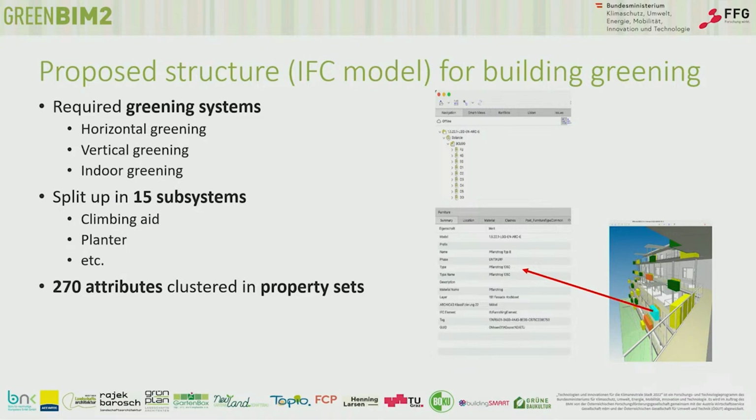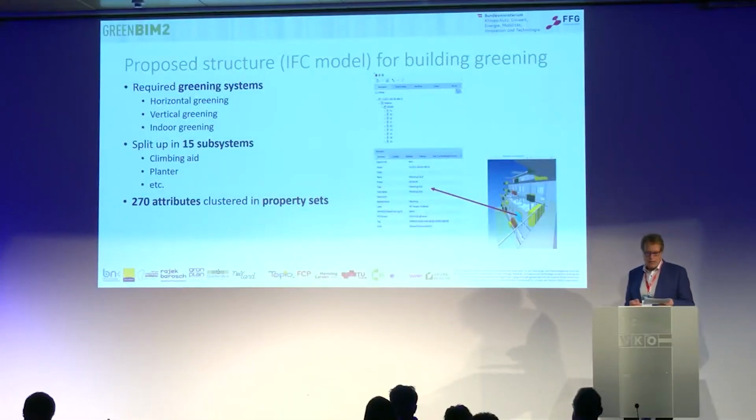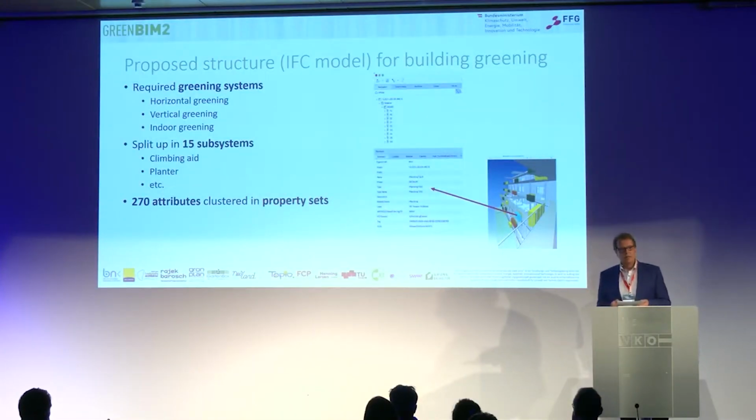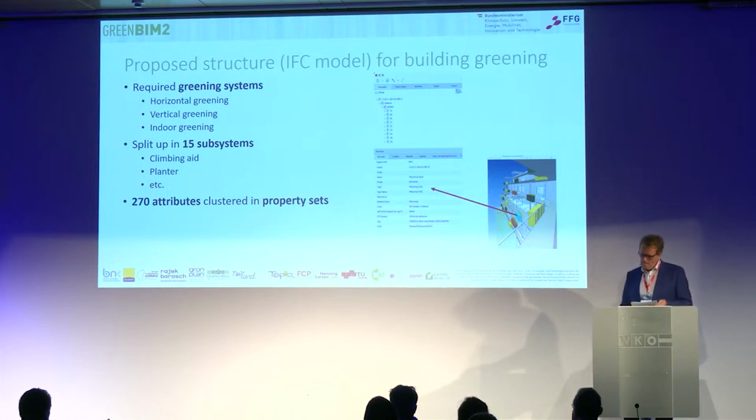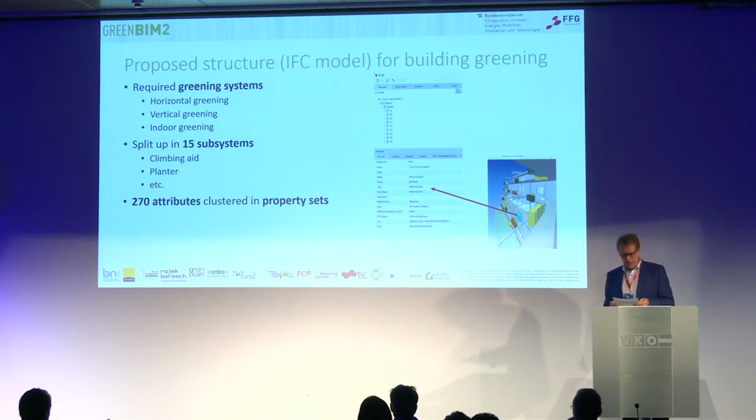Indoor greenings can also be implemented both horizontally and vertically, but only indoors. We have implemented 15 subsystems and approximately 270 attributes clustered in property sets.